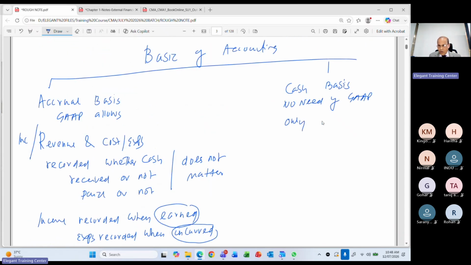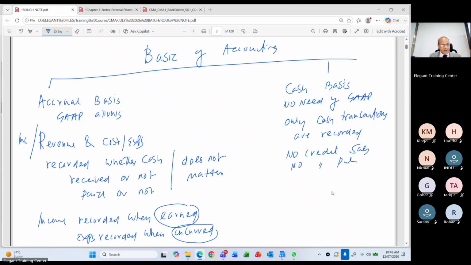Only cash transactions are recorded. So no credit sales, no credit purchases. Every cash paid and cash received is recorded.